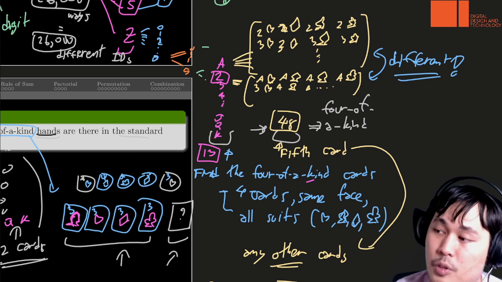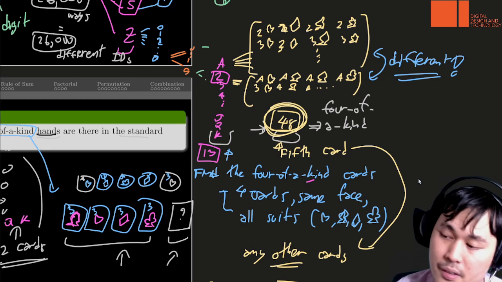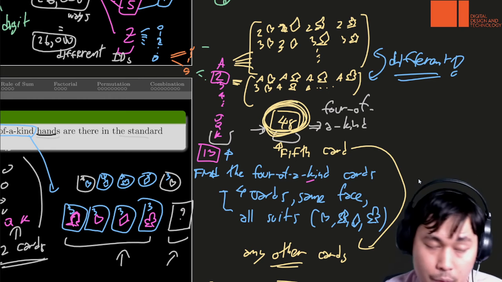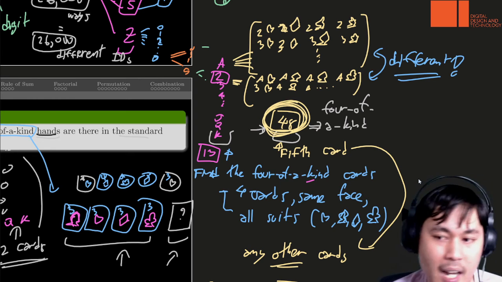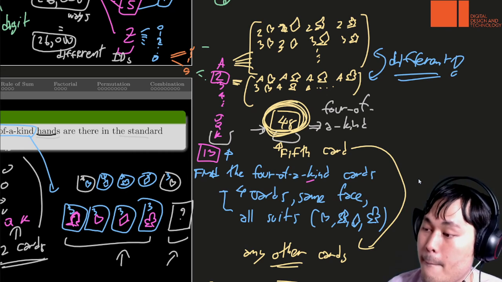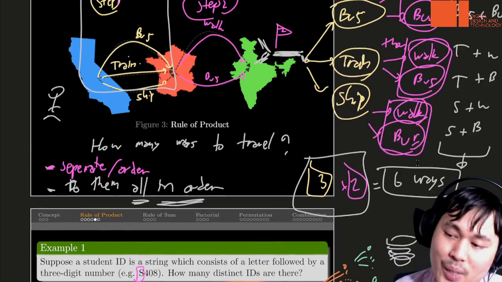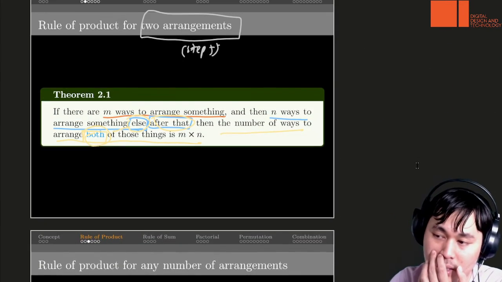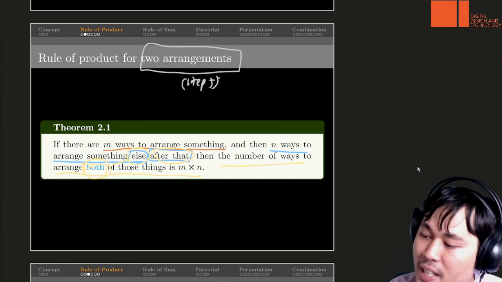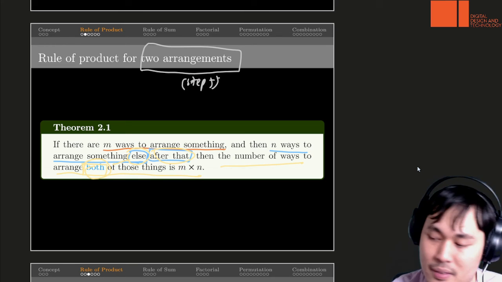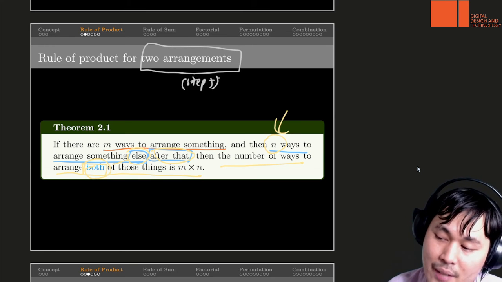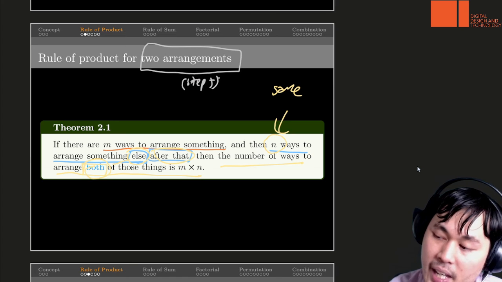Nevertheless, we can still use the rule of product because, and this is important, the number of ways or the number of arrangements are the same. If you go back to the definition, and this is where the definition is important, it only says that there are n ways to arrange something else after that. It doesn't say that they have to be the same n ways.